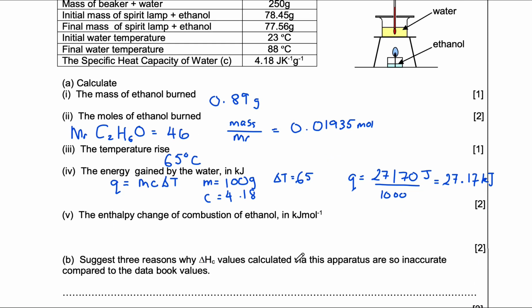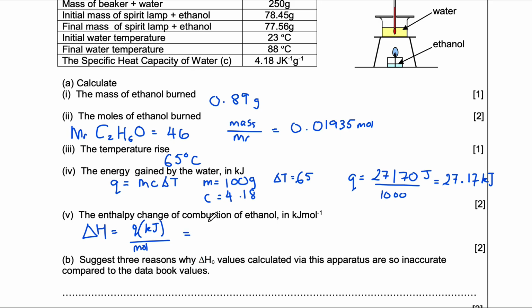Then it's asking us to calculate the enthalpy change of combustion. If you remember, to calculate the enthalpy change of anything, it's the Q, the energy in kilojoules, divided by the moles of the reactant. In this case, the reactant is our ethanol.